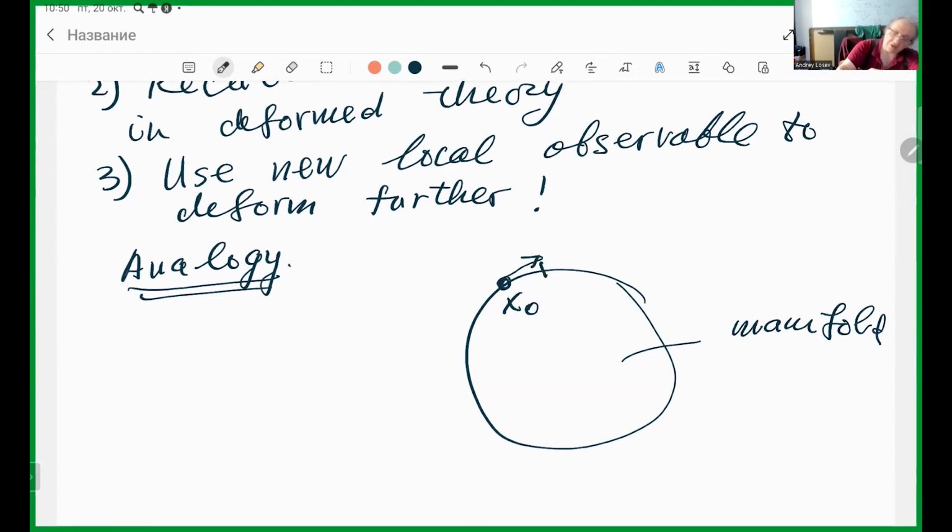So deformation in the first order is given by a tangent vector. It's clear. How are we doing deformation to the second order?